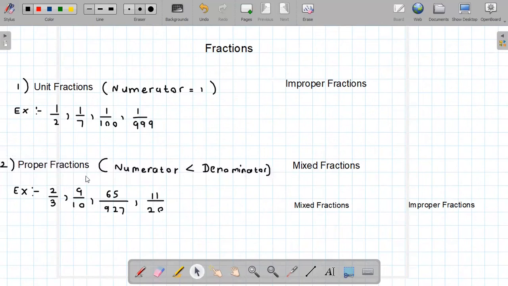Here, proper fractions means the fractions which have a higher denominator than the numerator, right?